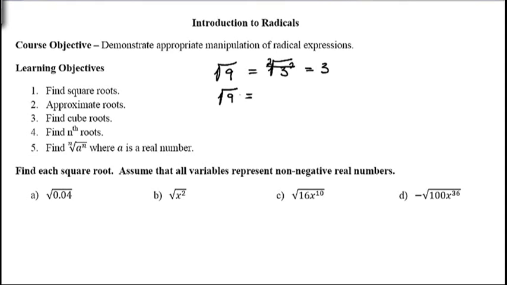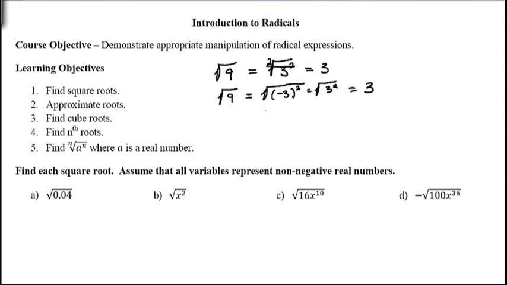You could have gotten 9 underneath that square root from squaring a negative 3, or from squaring a positive 3. These would both give you exactly the same thing. They would give you the square root of 9, but it's always still just 3.